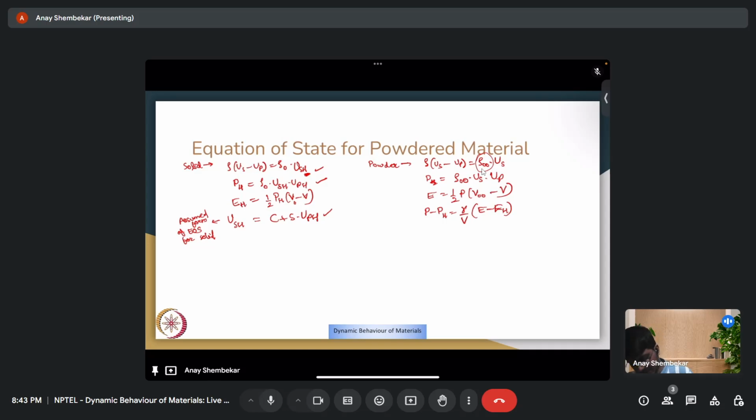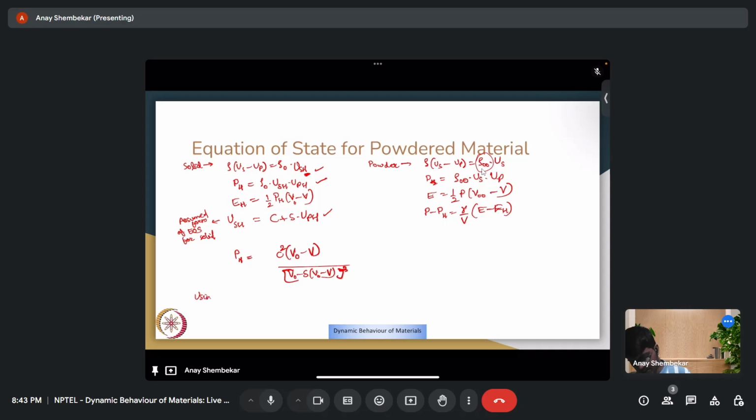You get an equation which looks like P_H is equal to C squared (V naught minus V) upon (V naught minus S (V naught minus V)), the denominator whole squared.